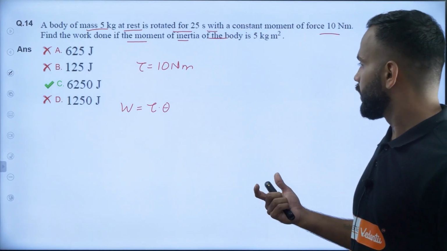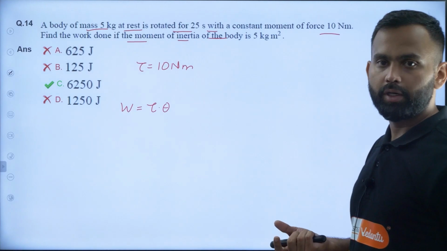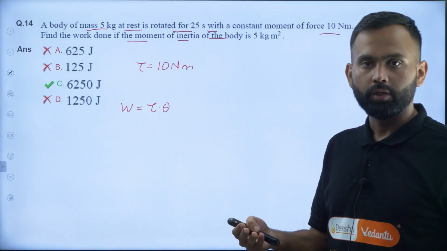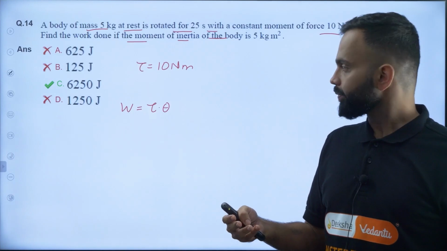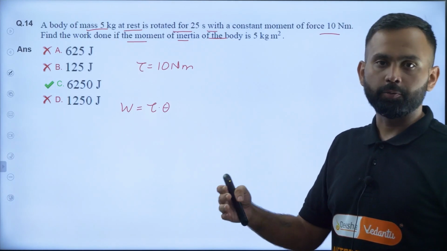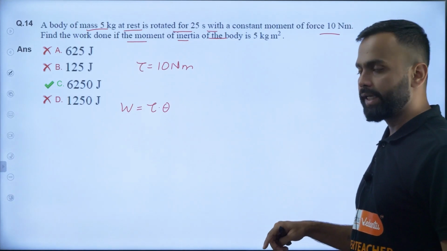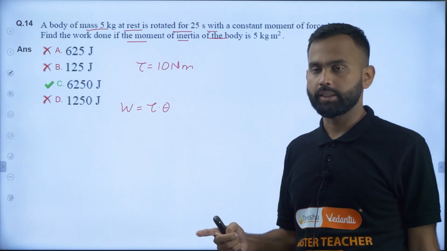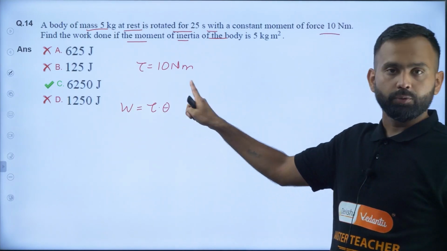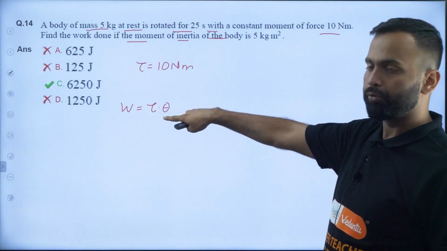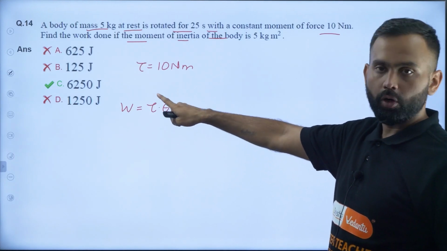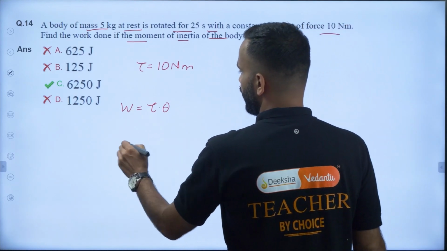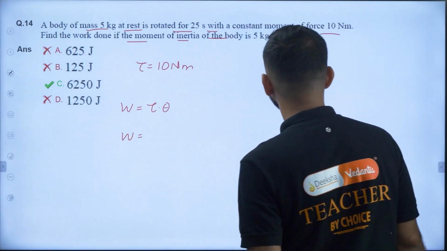You know that in work, energy, power, if the body is moving in linear motion, then the work done is force dot displacement, isn't it? So in this case, work done is moment of force, that is torque, dot angular displacement. So now W is equal to, what is torque?